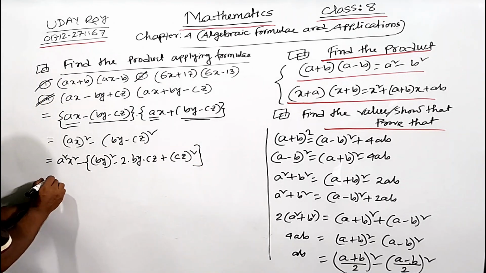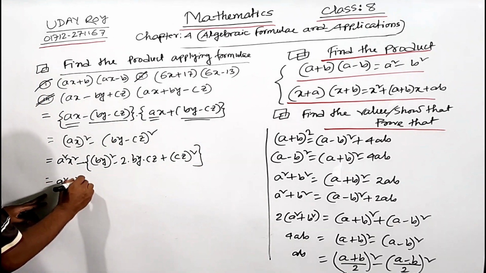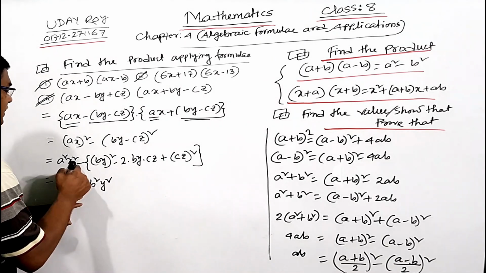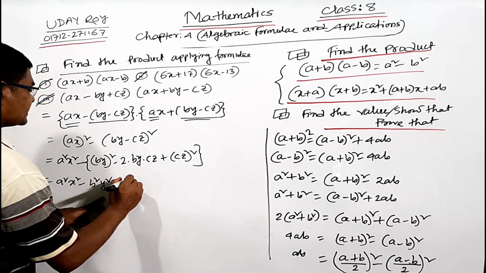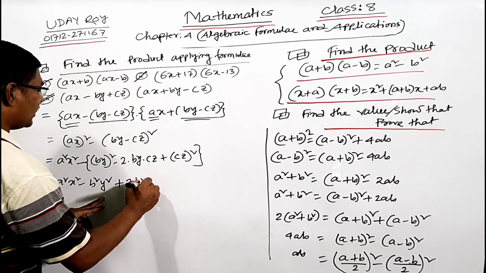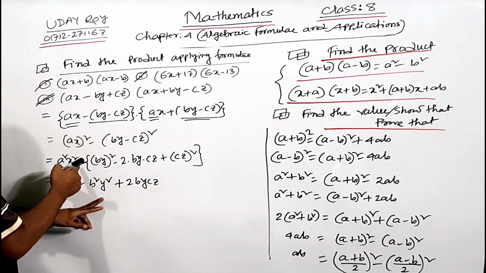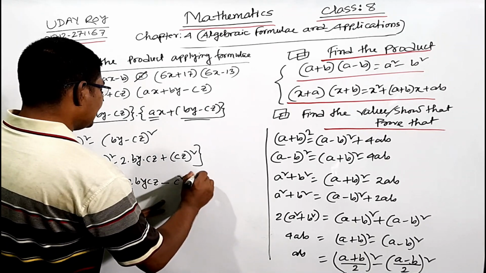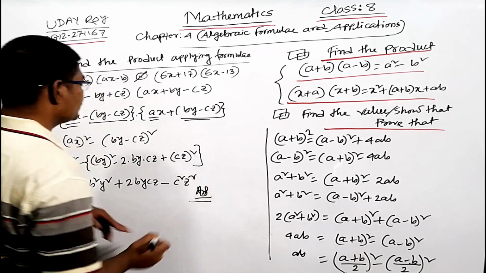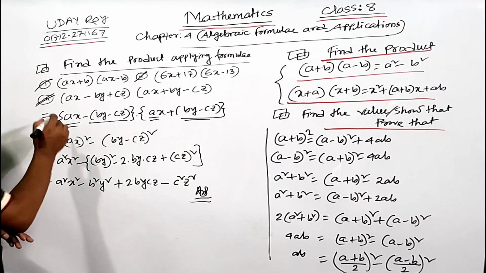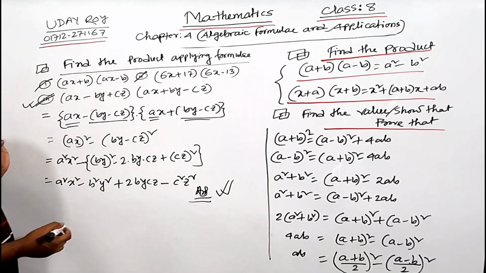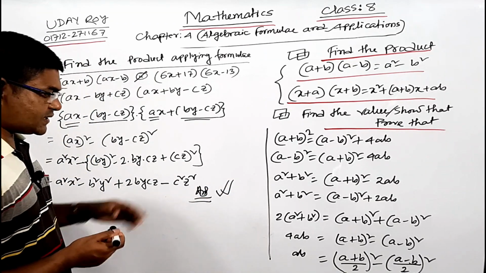Second bracket, here is a square x square minus b square y square, minus into minus plus twice by cz, and minus into plus minus, we get c square z square. So we have done math number 3. This is very important, be careful.